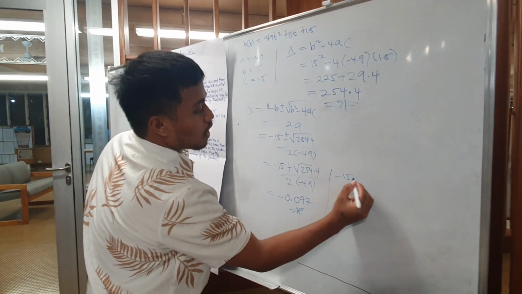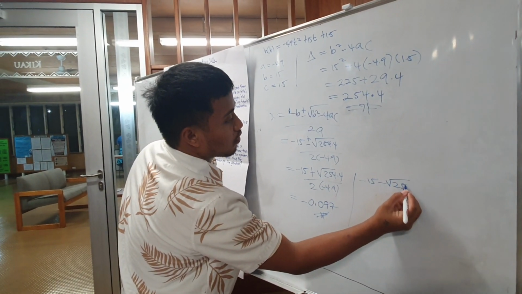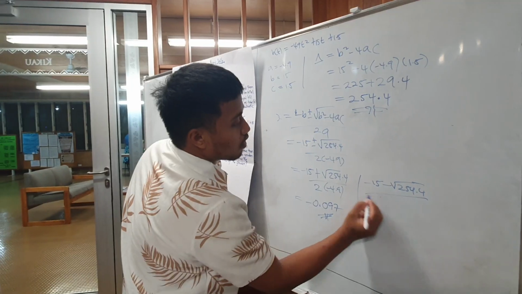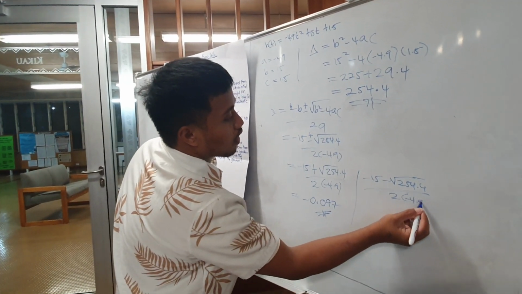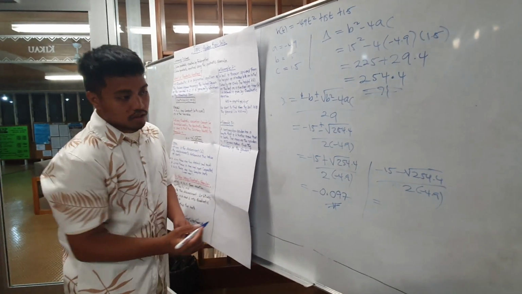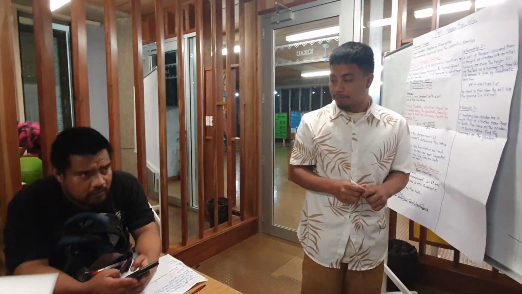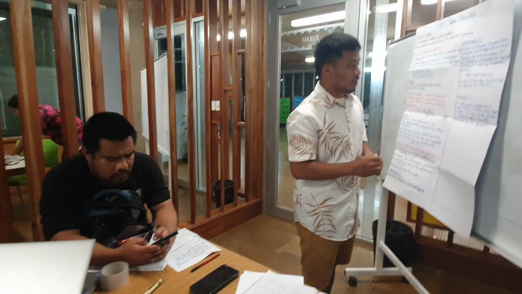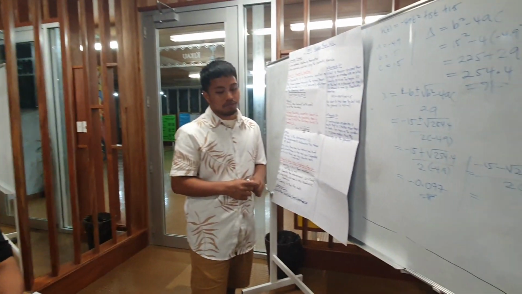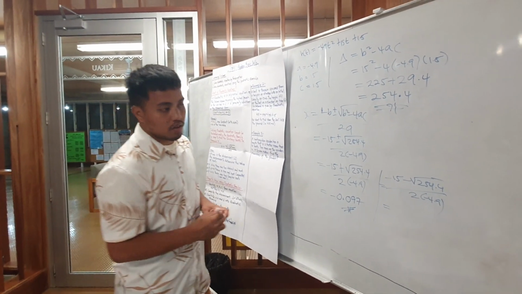So we will calculate the negative. Negative 15 minus the square root of 254.4, over 2 times negative 4.9. What is the answer? Positive 3.16.